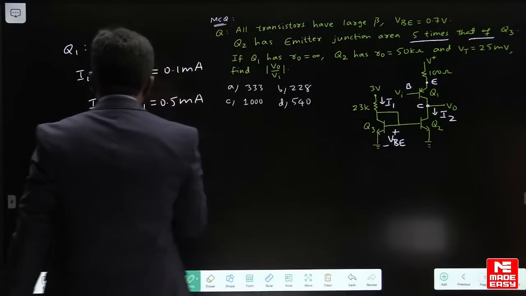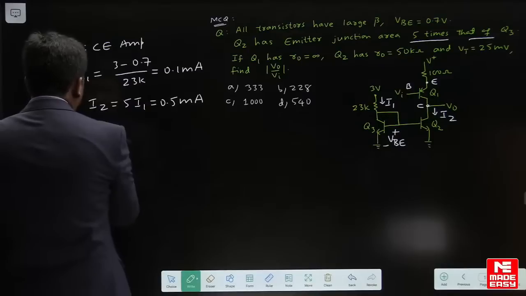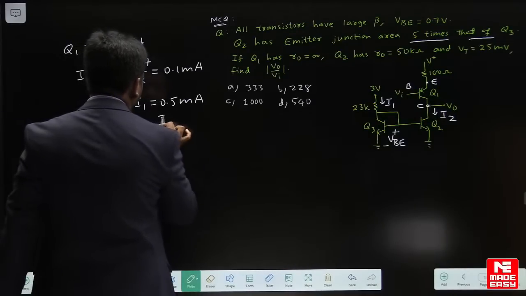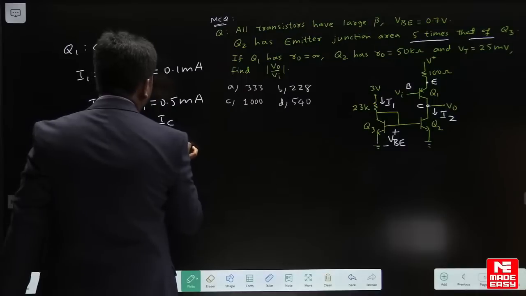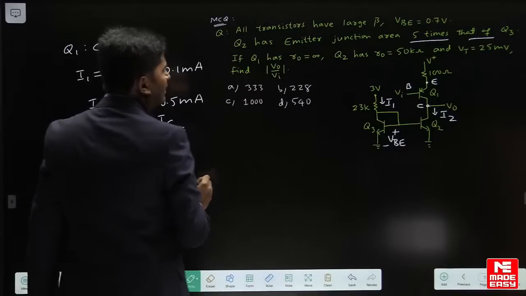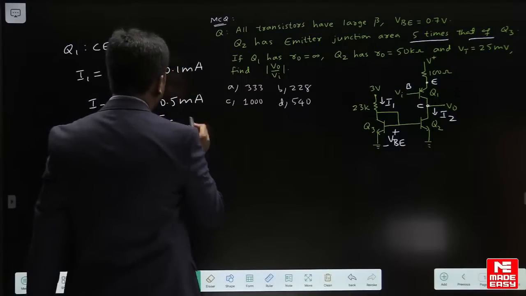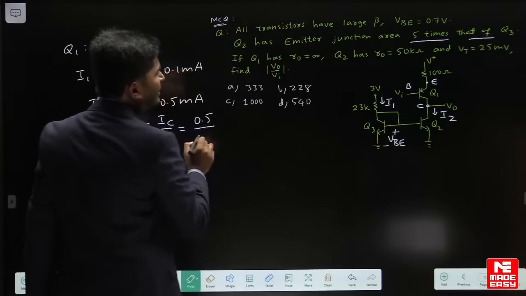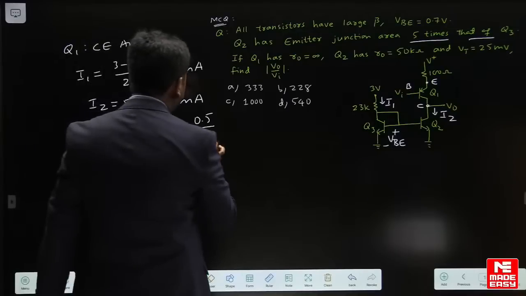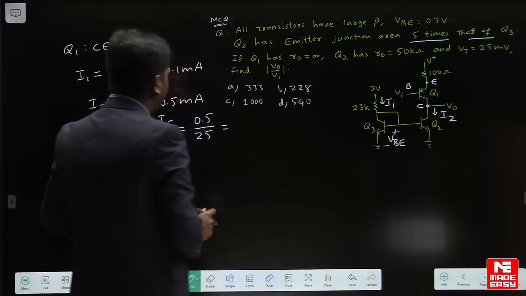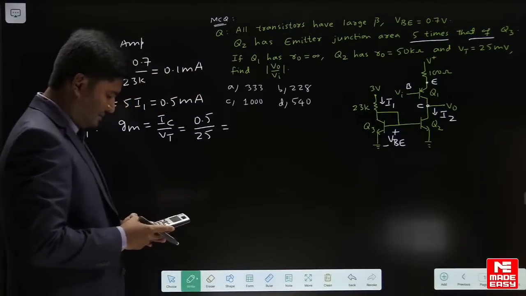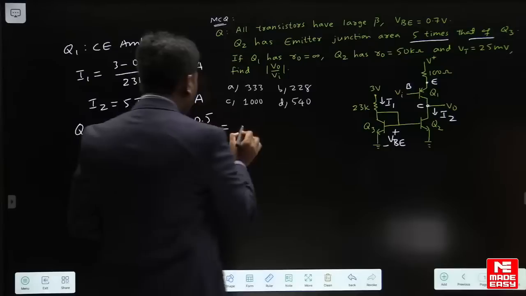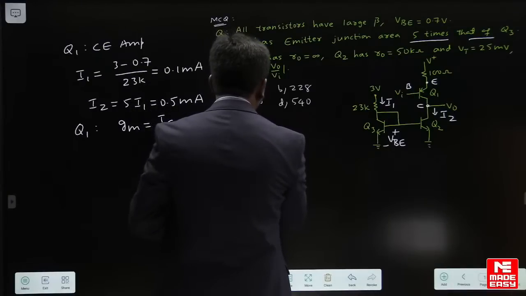So now find the transconductance for Q1. GM equals IC upon VT. That IC is nothing but 0.5 milli, and thermal voltage given in the question is 25 milli. 0.5 divided by 25, I am getting the answer 20 millimho.